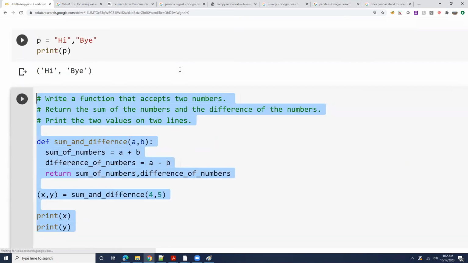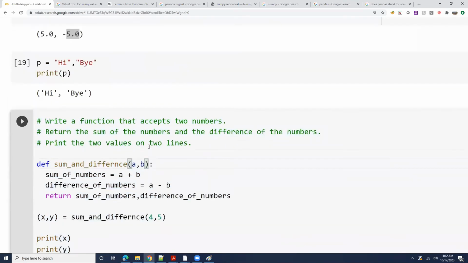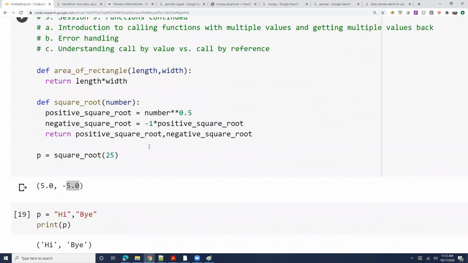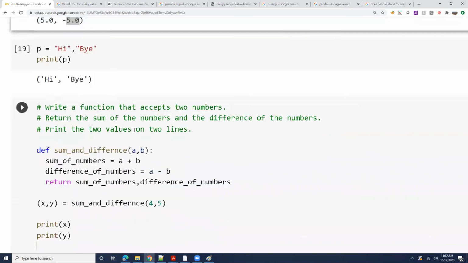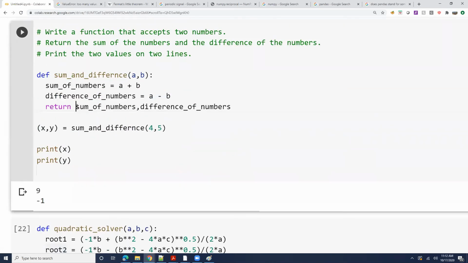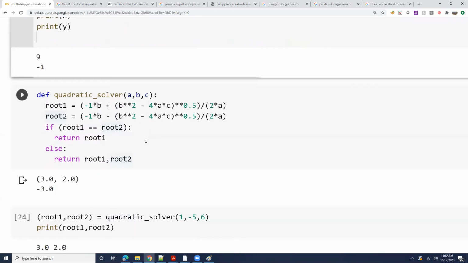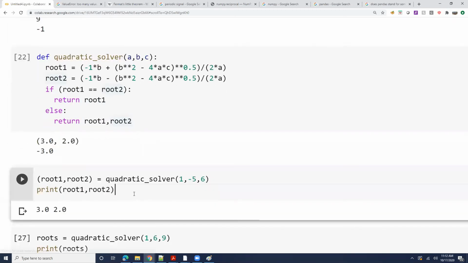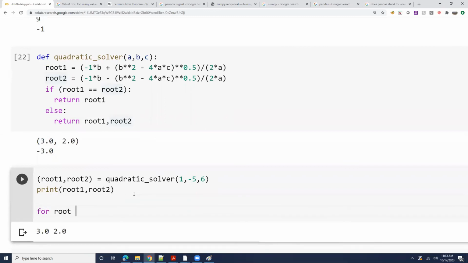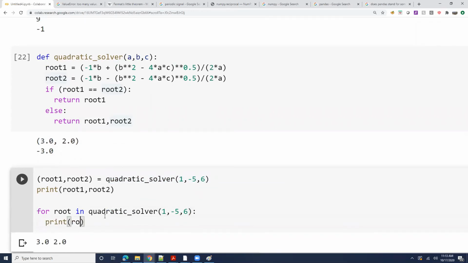That sum and difference function, Tanishka, was always returning two output parameter values, right? It was always returning two values. So whatever you do, it would work. But let's take our quadratic solver and see. For root in quadratic solver of 1, minus 5, comma 16, print of root, right?